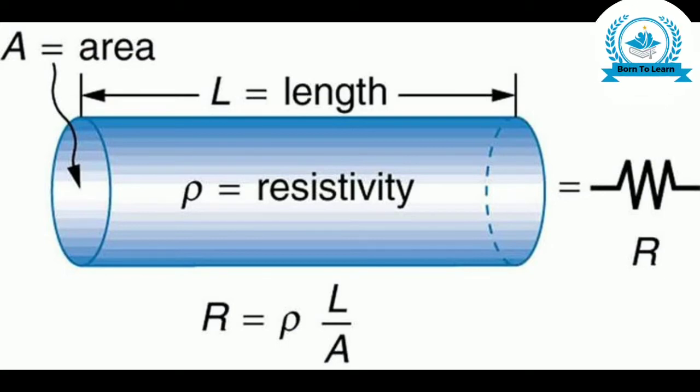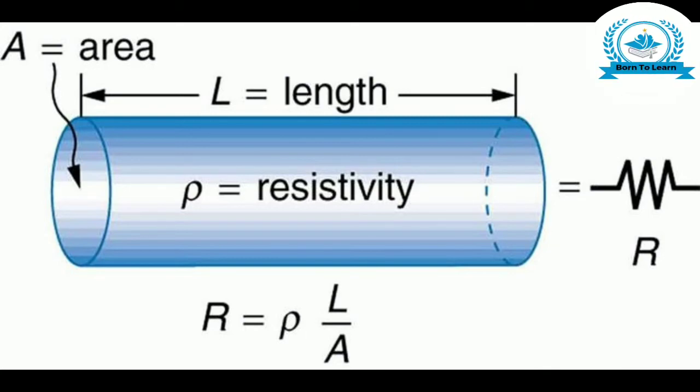The resistivity of copper is 1.69 into 10 to the power of minus 8 ohm meter. We mean that if we take a rod of copper metal 1 meter long and 1 square meter in area of cross section, then its resistance will be 1.69 into 10 to the power of minus 8 ohms.